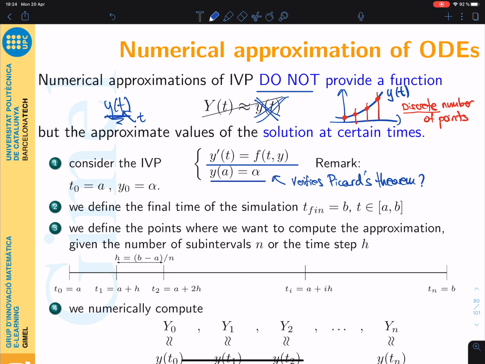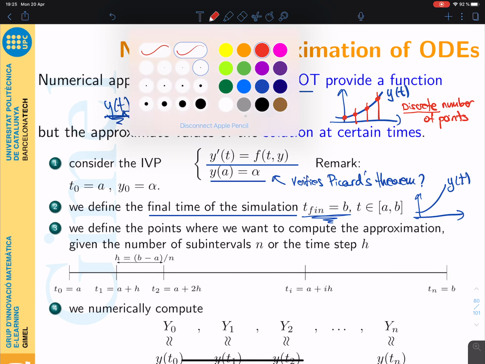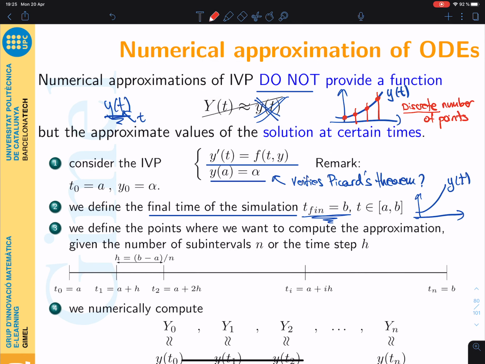And then we will define the final time of the simulation, the final time where we want to solve the differential equation. We were not doing this when solving it analytically, but now that we are solving it numerically, instead of finding y(t), we will find the value of y at this point, and this point, and we will do this iteratively.